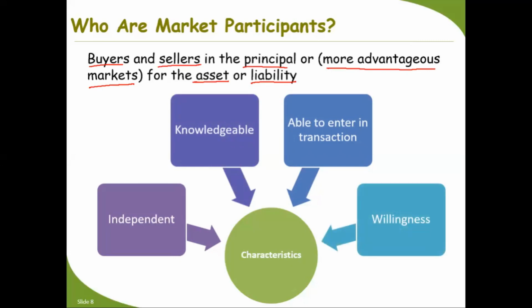So there are 4 characteristics for market participants. Any buyer or seller who is independent, who has knowledge of the market, has the capacity to enter into the transaction, and has a willingness to enter the transaction, will be considered a market participant.